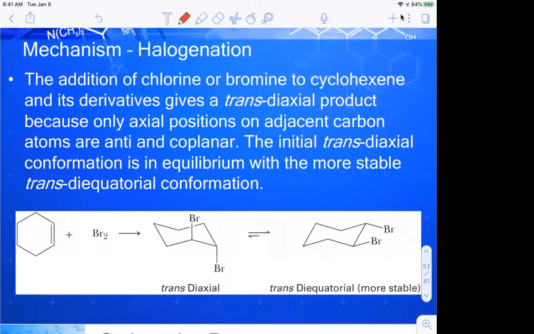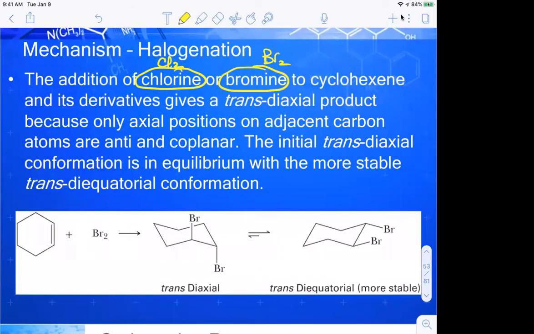cycloalkane. So when I do this with a cyclic structure, if I add chlorine, which is Cl2, or bromine, which is my Br2, and I'm adding it to a cycloalkane, it doesn't have to be cyclohexane, it can be a cyclopentene or a cycloheptene.